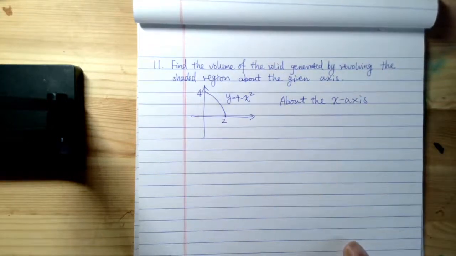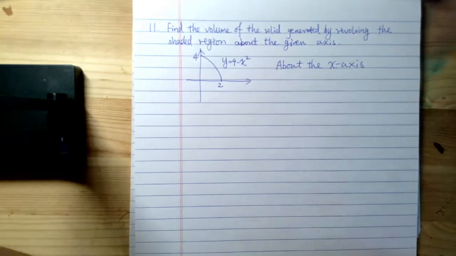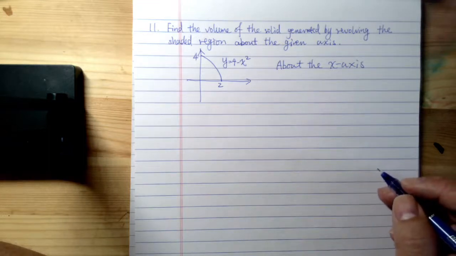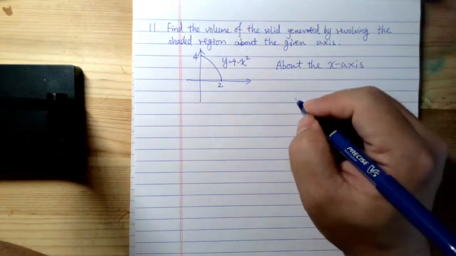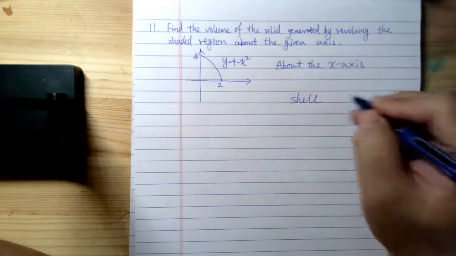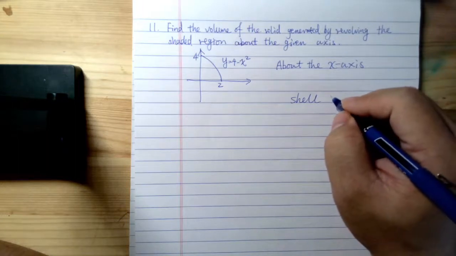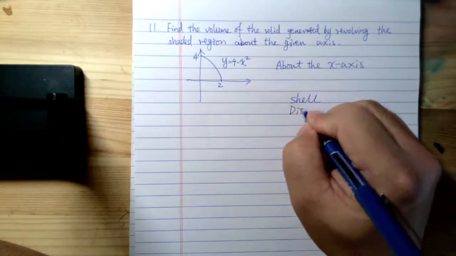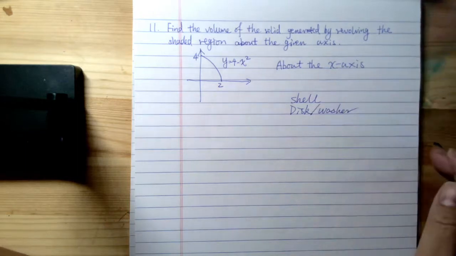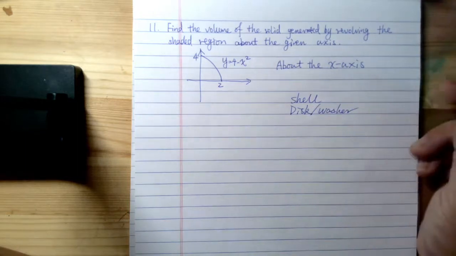So we're trying to figure out the volume of the revolving solid, and we know that we can use either the shell method, or the disk or washer method. Okay, so basically those two categories.